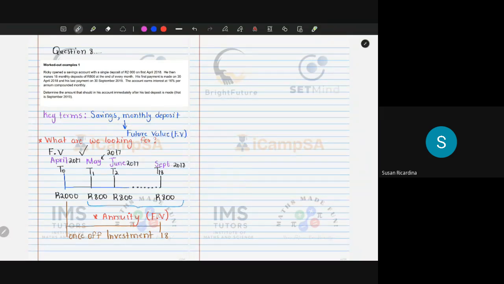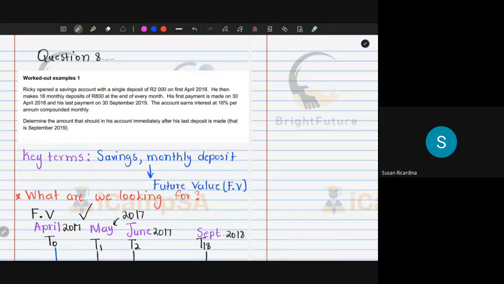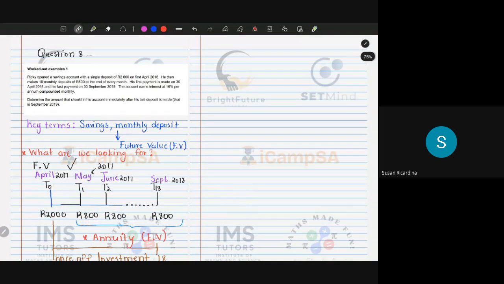So April to April is 12 months, and then that becomes 17. So there, this 18 here, he makes 18 monthly deposits. Oh, I see what happened. Okay, let's get to this problem, guys. So this person will make 18 deposits in total.